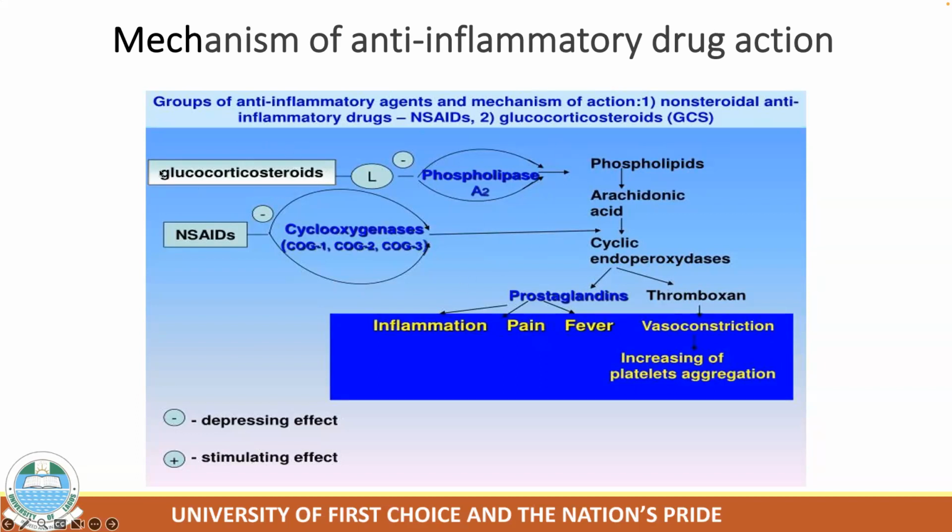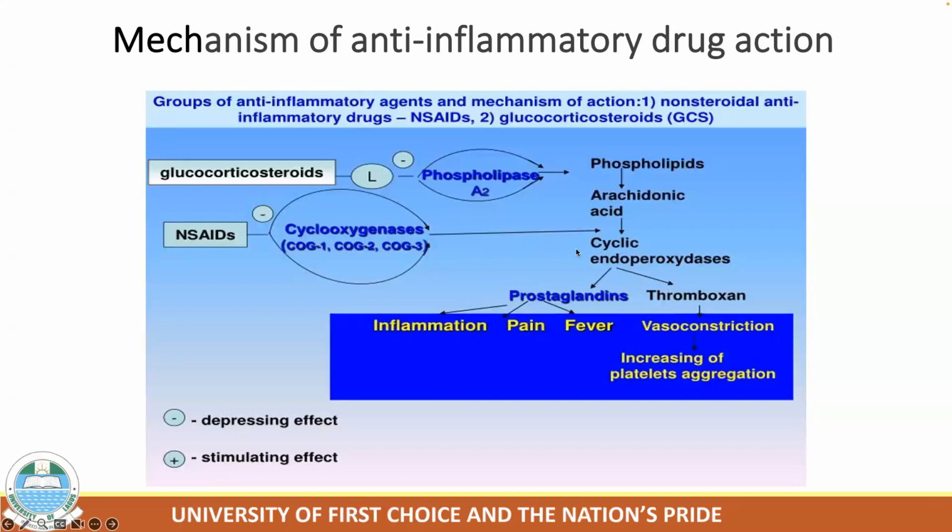Now, our SAIDs, our steroidal anti-inflammatory drugs, inhibit at this higher level, while our non-steroidal anti-inflammatory drugs inhibit cyclooxygenase, which is required to convert arachidonic acid to cyclic endoperoxides. Okay?